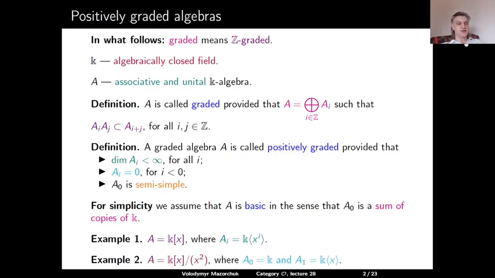Example 2, consider the algebra of dual numbers, that is the quotient of K[x] by the ideal generated by x squared. This algebra is naturally positively graded, with only two non-zero homogeneous components, the degree 0 component, which is the base field K, and the degree 1 component, which consists of the linear span of x.